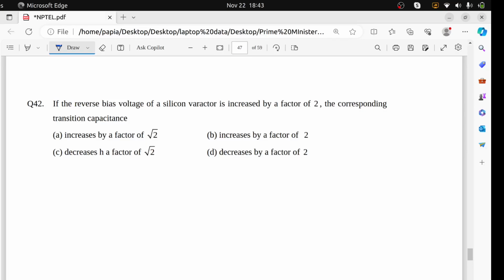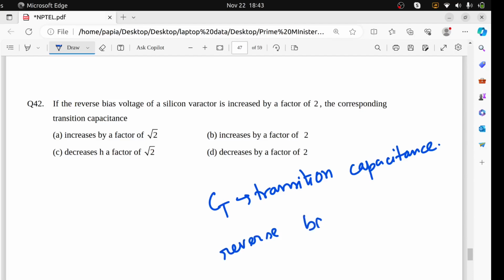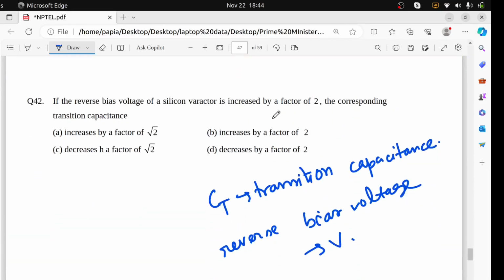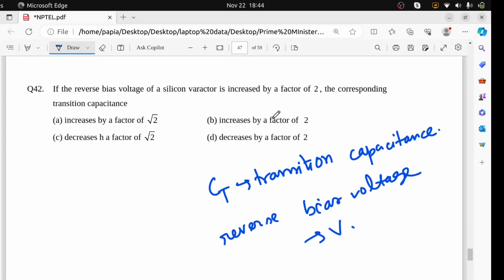So the relation between the transition capacitance, let me write here CT, and reverse bias voltage, let me write it as V. The relation between CT and V is like CT is proportional to 1 by root V. Okay. Now in that question, only this one we need to know. Otherwise we can totally understand the question fully.